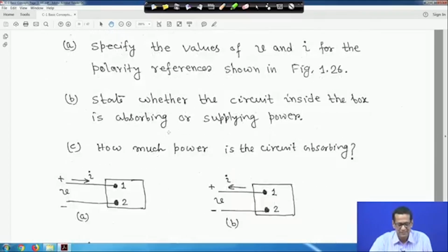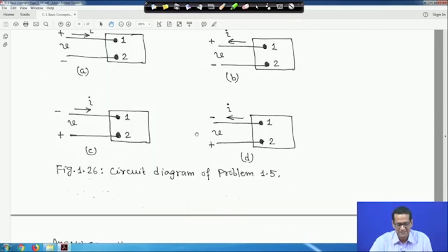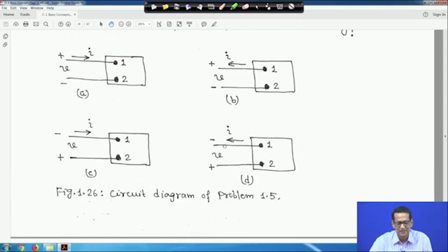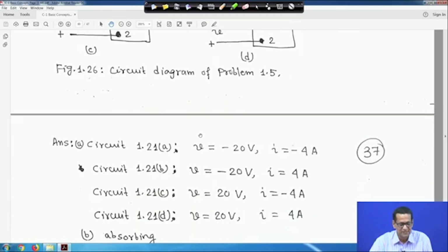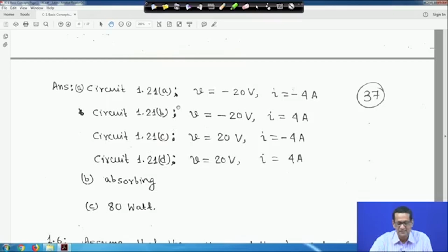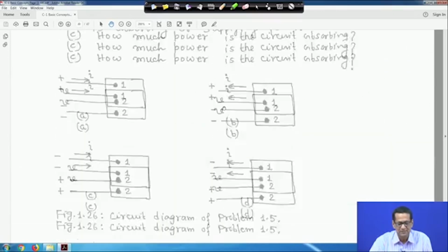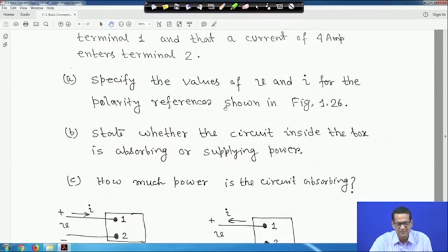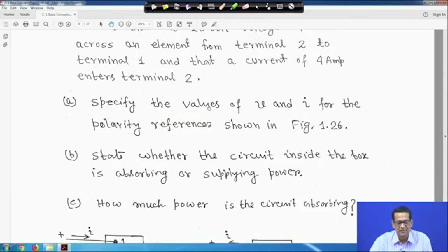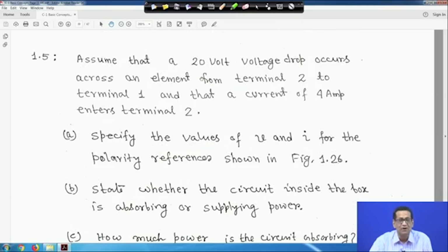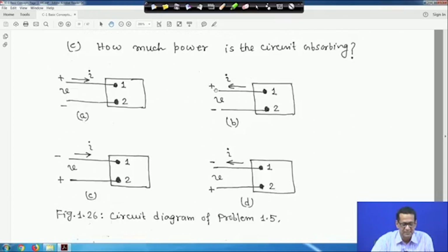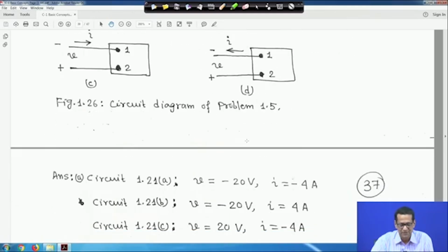You will do this, all valid or invalid connections. You will solve this one. Answers are given for everything. It is actually a circuit inside the box, absorbing or supplying power. Everything is given, you read this problem very carefully and do A, B, C, D, the 4 connections are there, accordingly you will make it.